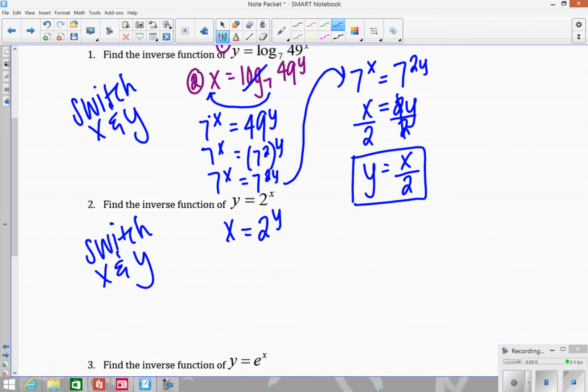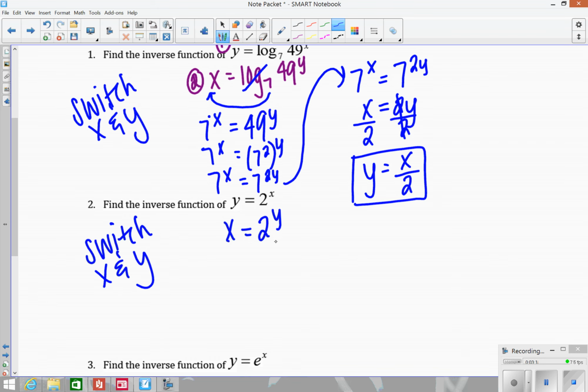This is where we're going to be using logs. We started with an exponential function, and remember, we're expecting to get out a log because logs are the inverses of exponential functions. The only way I can solve this for y, or get y by itself, is if I rewrite this in log form. Remember, logs and exponential functions have equivalent forms.